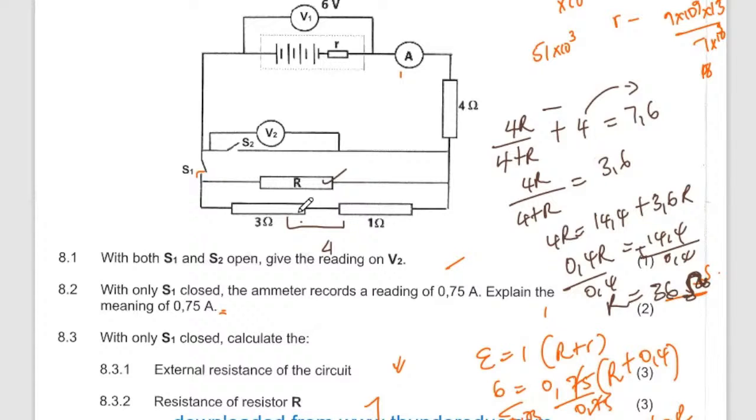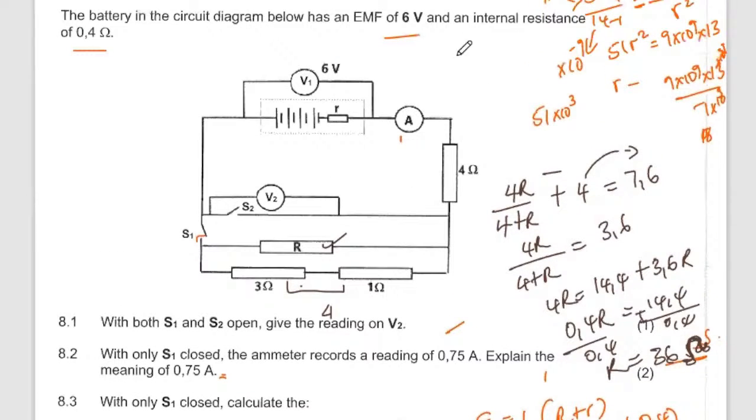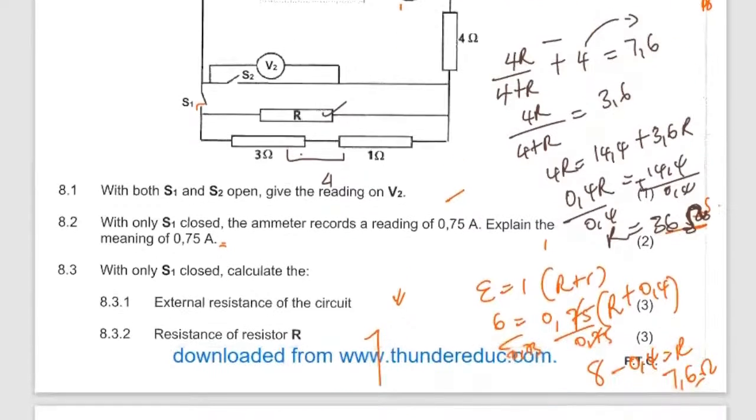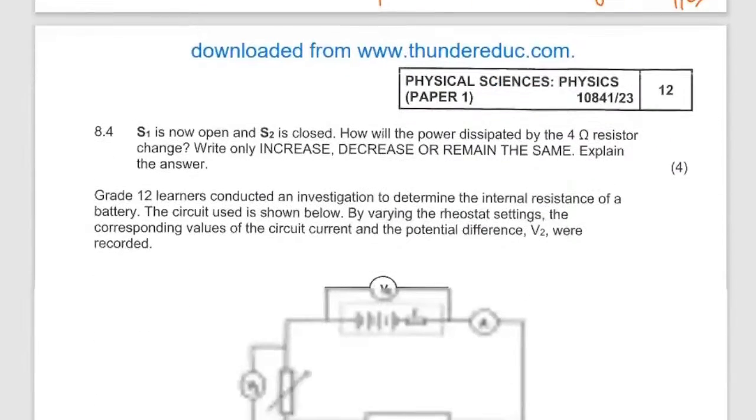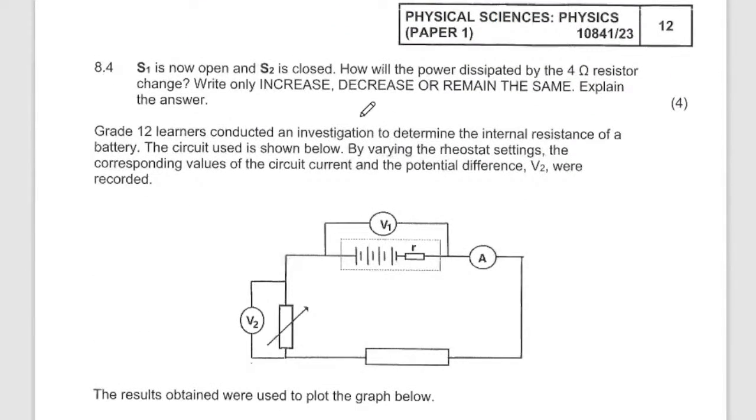Alternatively, if you have the 7.6, we subtract this 4, then I'll be left with 3.6, which means this parallel combination is equivalent to just 3.6. Okay, makes sense. Then 8.4: S1 is now open and S2 is closed. How will the power dissipated by the 4 ohm change?